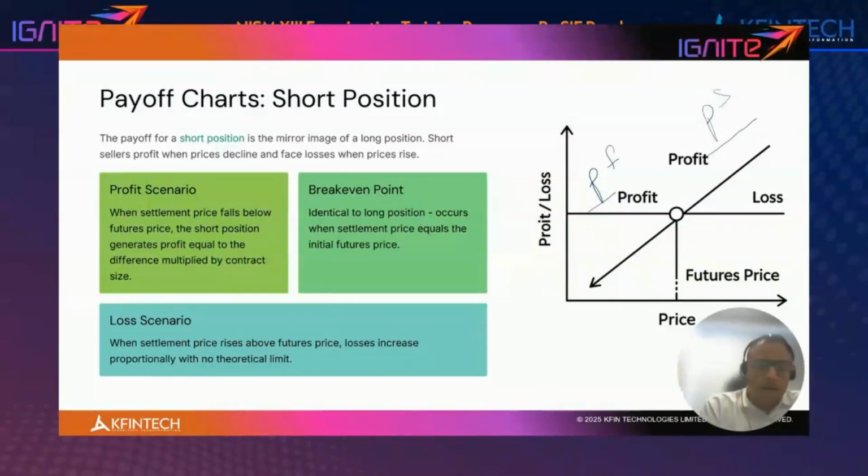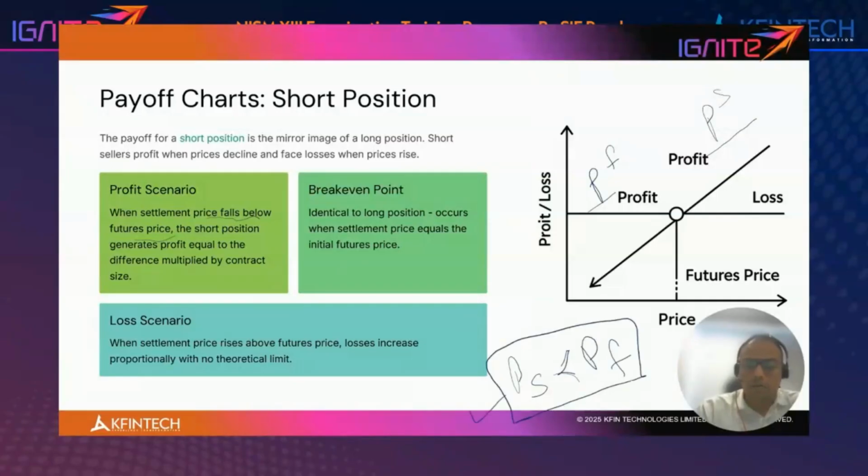When the settlement price falls below the futures price, that is when you make a profit, because you are selling. So your price should go down. The breakeven point, again, is no profit, no loss when both of them are equal. And loss is when the settlement price is greater than the futures price. So it is the opposite of the long position.